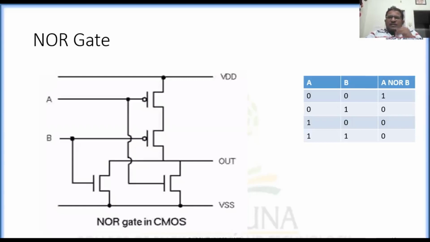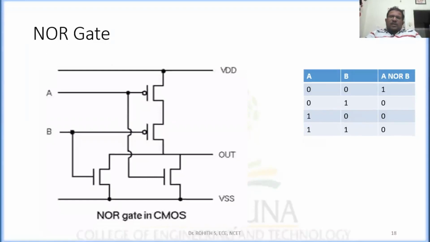Let us see how we can see the output for this. Let us see the truth table. For 0 0 you have to get 1, and for the rest of the cases you have to get 0. We'll see.